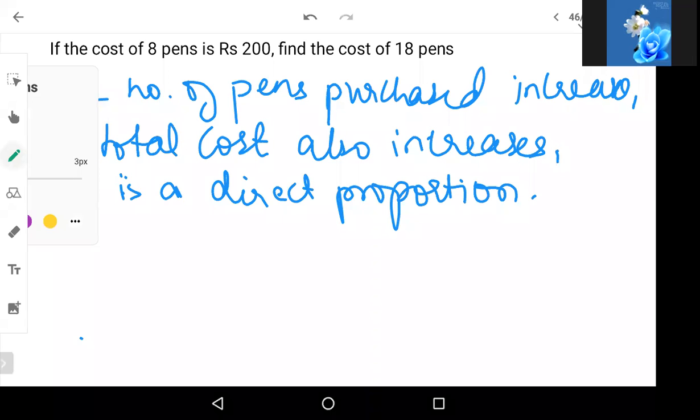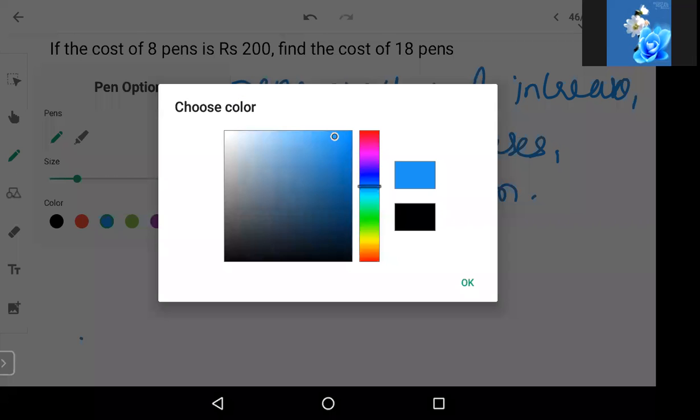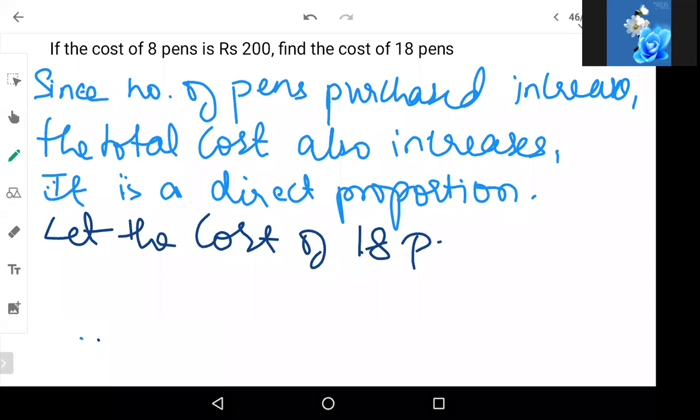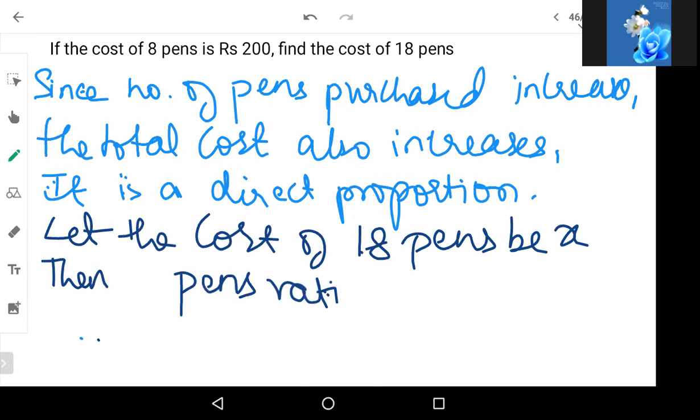Now define what is the cost that is required. So let the cost of 18 pens be x. Then the pens ratio: there are 8 pens and later we are planning to buy 18 pens, correct?